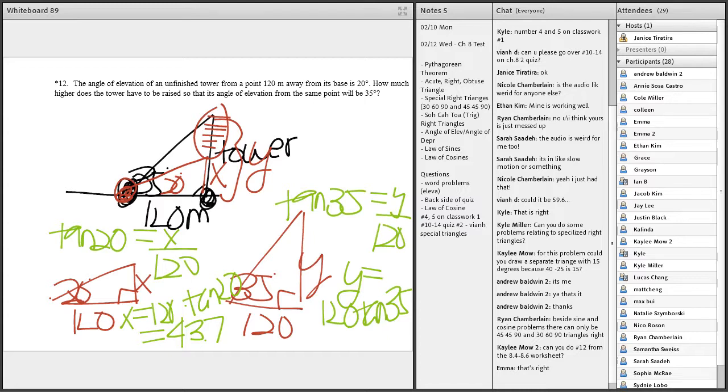Oh, no. And that should be 84.002. So you're going to subtract those numbers. 84.0 minus 43.7. And that answer is 40.3 meters.